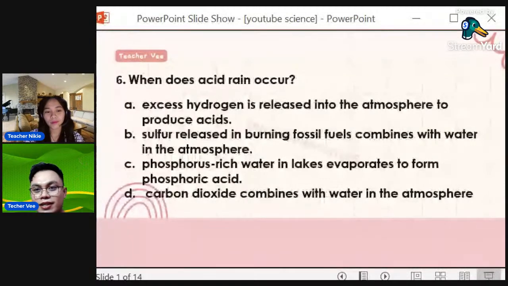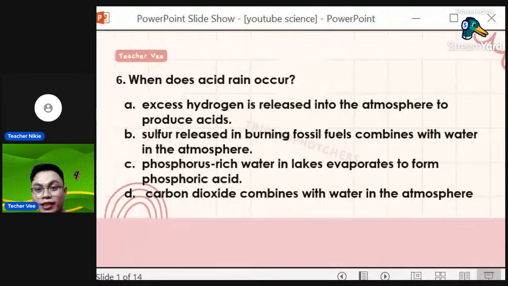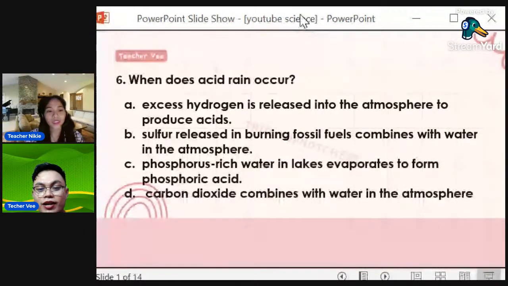So, number 6. Okay? So, I see names here ng mga students ko sa LET. Okay, so good thing that you are participating. Okay, so number 6. When does acid rain occur?